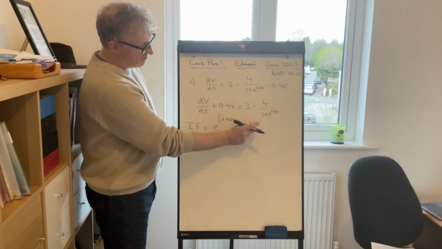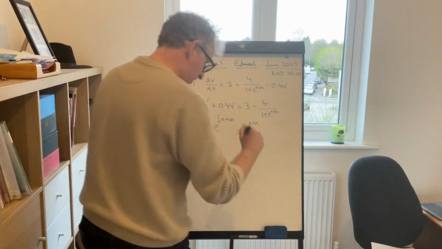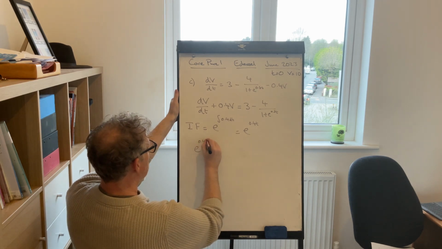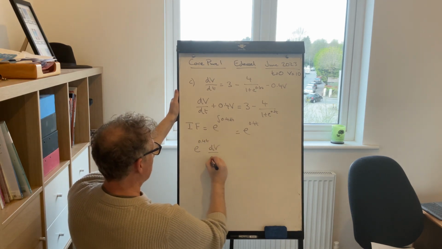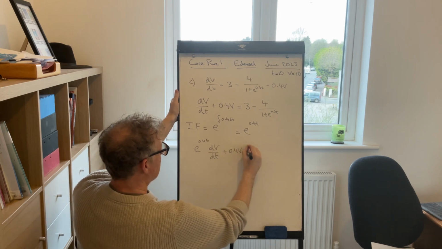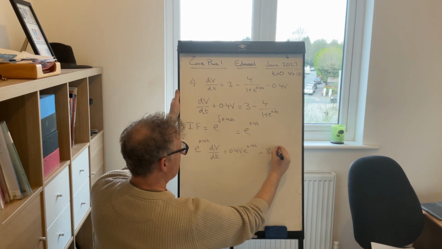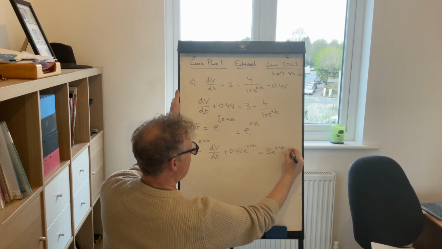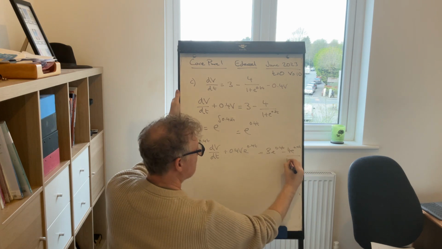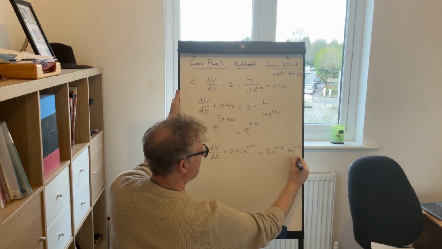So that's going to be our integrating factor, but we're going to multiply this through. Let's multiply everything through by e to the 0.4t then. e to the 0.4t dv by dt plus 0.4v e to the 0.4t equals 3 e to 0.4t minus 4 e to 0.4t over 1 plus e to the 0.8t.